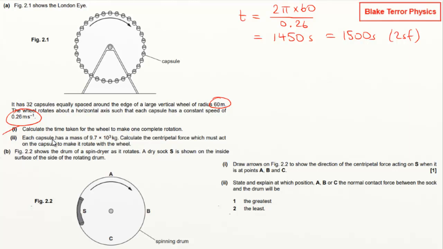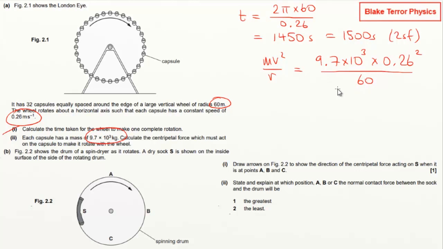That's that one. Each capsule has a mass of 9.7 times 10 to the 3. Calculate the centripetal force which must act on the capsule to make it rotate with the wheel. So that would be mv squared over r. What we got here? So 9.7 times 10 to the 3 multiplied by 0.26 squared divided by 60.